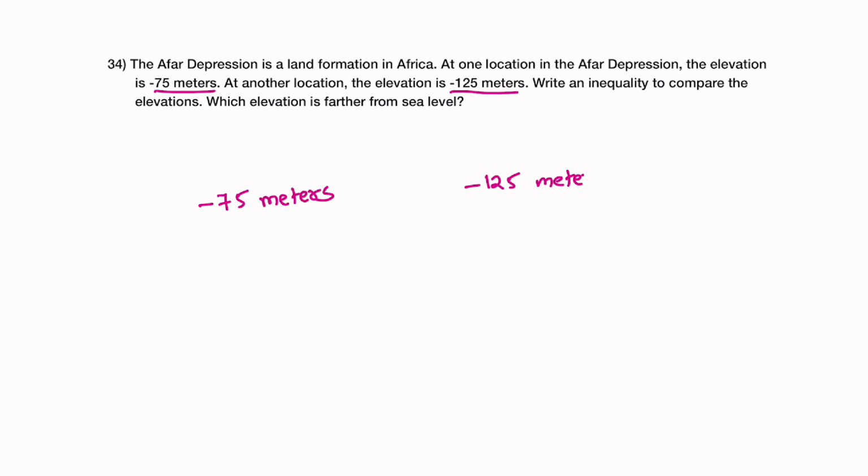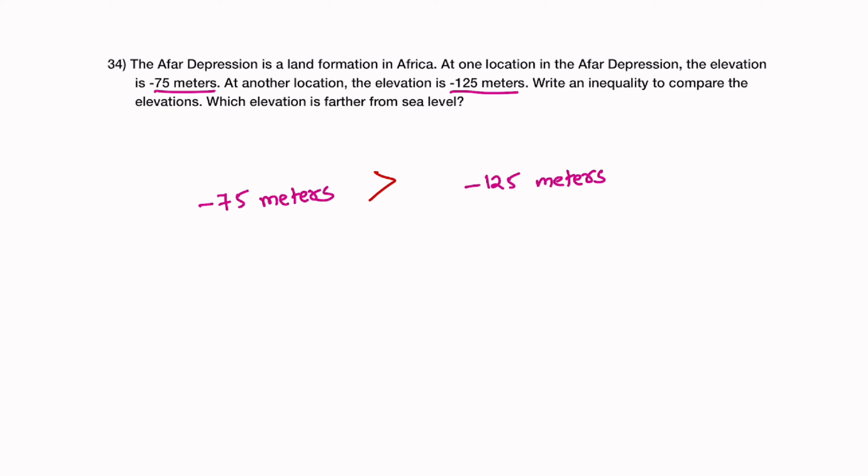Okay? So we have two locations, one with minus 75 meters and the other with minus 125 meters. Write an inequality to compare the elevations. Inequality. Which one? Where do I put my inequality sign? Minus 75 is greater than minus 125, right?